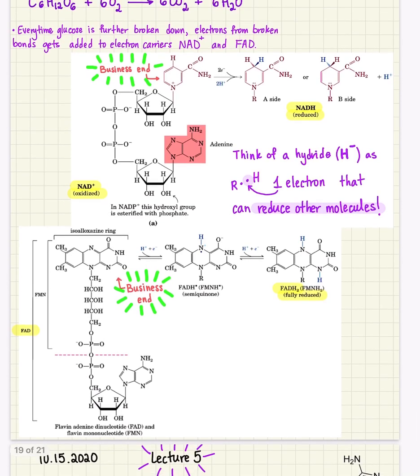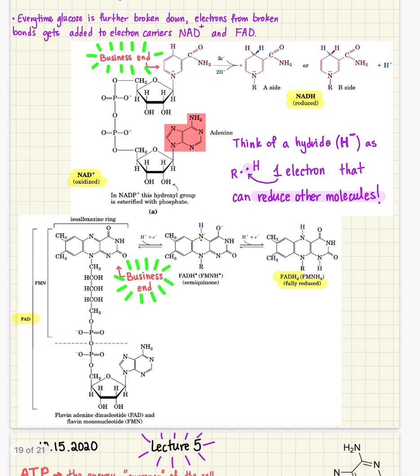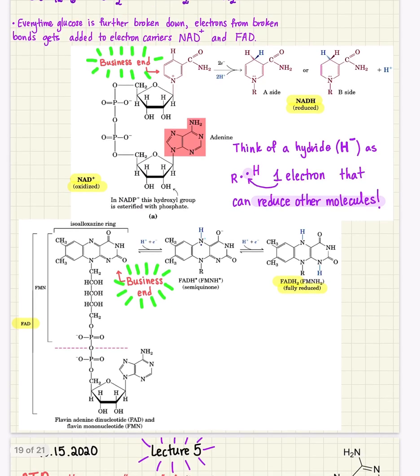They go on to the electron transport chain to produce ATP. But that's way further into the quarter. For now, what you need to understand is that every time there is an oxidation in biology, the electrons that are lost from that oxidation get put on these electron carriers.